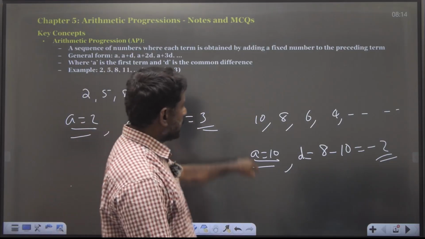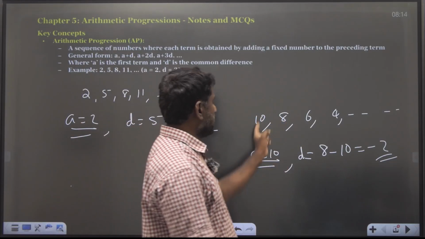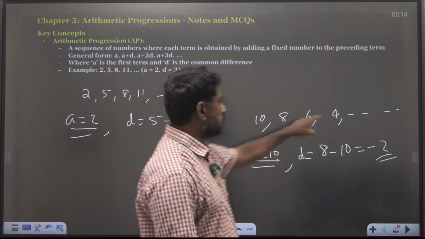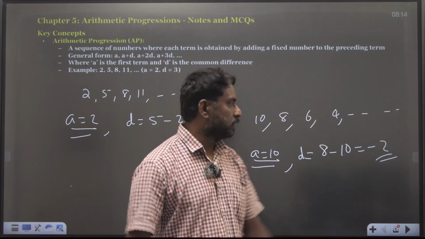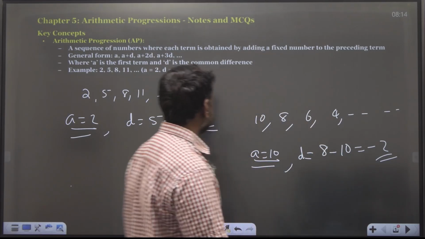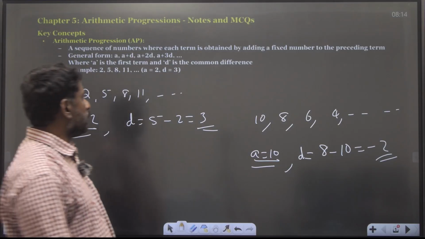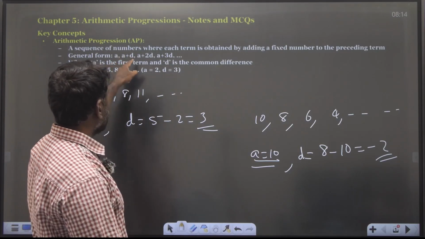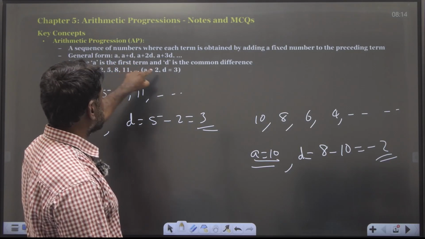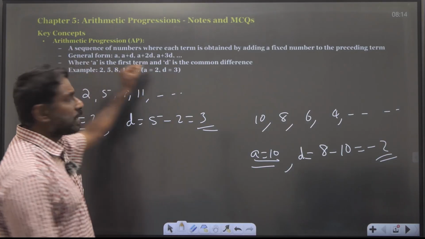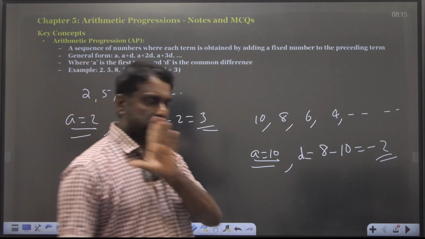Here a is equal to 10, and d is equal to 8 minus 10, or 6 minus 8, or 4 minus 6, all equal to negative 2. That is the common difference. d is called the common difference. a, a plus d, a plus 2d, a plus 3d, that is the general form of an arithmetic progression.